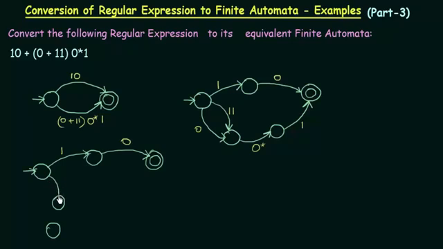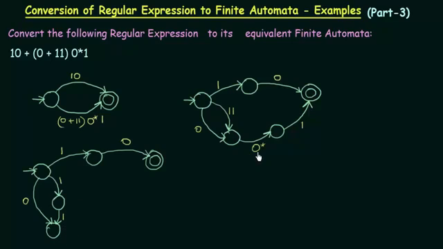This will come to this state on getting input 1, and it will proceed to the next state on getting the next input 1. So we have designed for these two, and this 0 will remain the same. It has to go to this state, so I will send this state over here on getting input 0. Okay, so now we are done with this part. We have expanded this and we have got states like this.